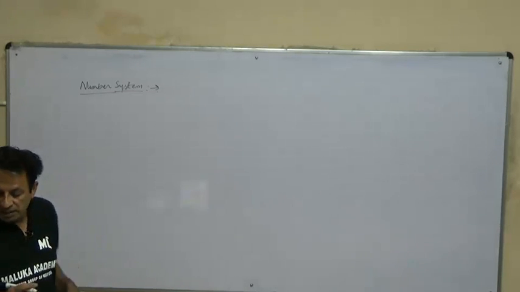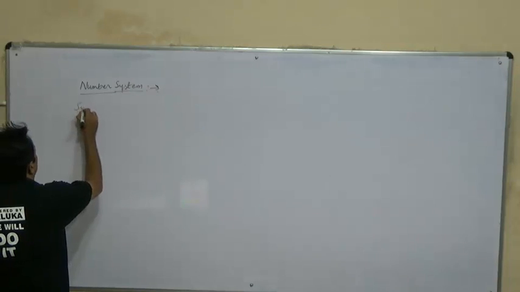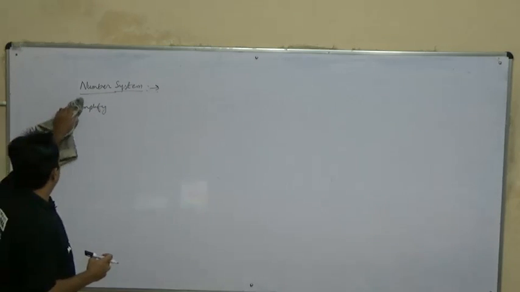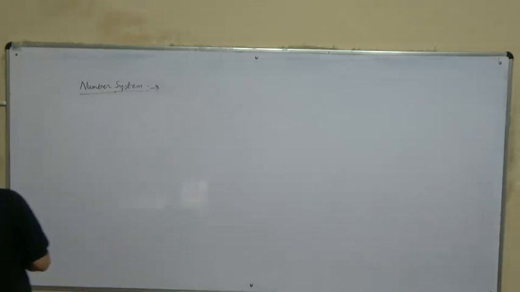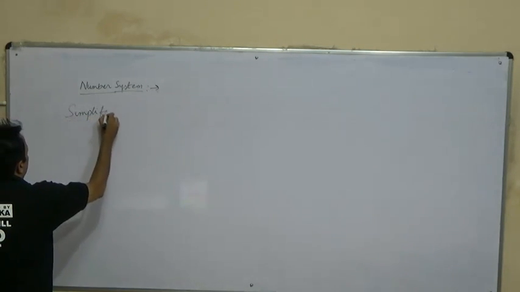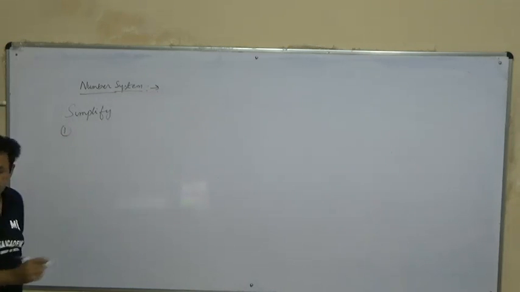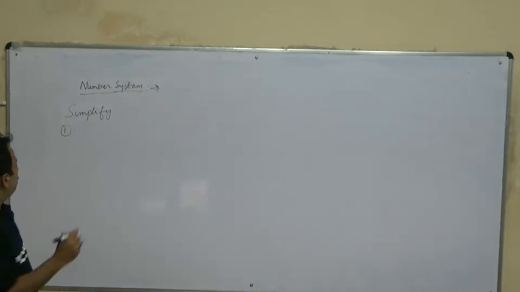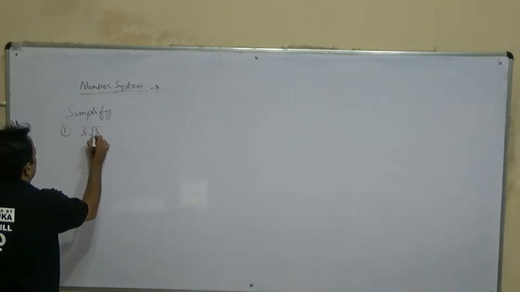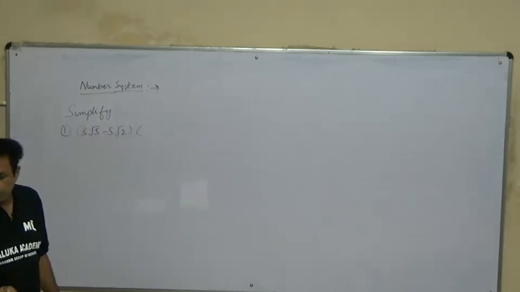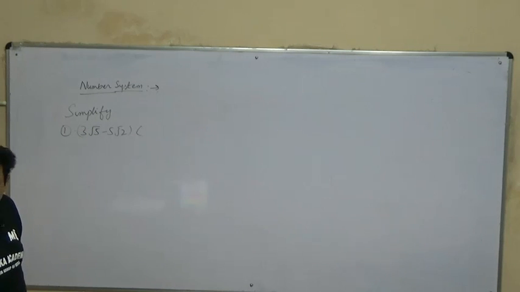Simplify (3 root 5 minus 5 root 2) into (4 root 5 plus 3 root 2).